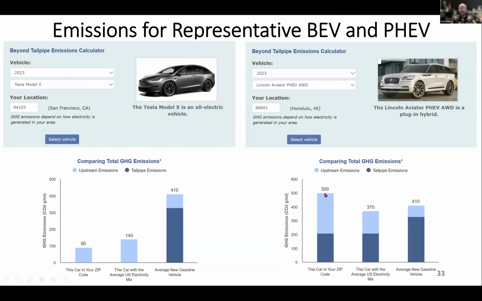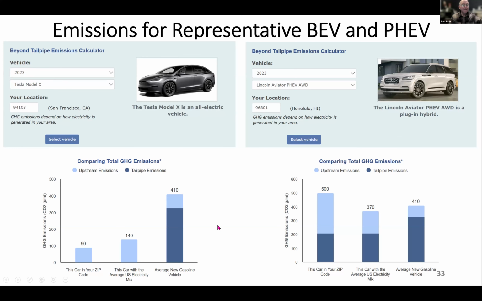Here, the total emissions for this vehicle are actually more than the average new vehicle. But even in the best case, this is still significant. And that's the US average, 140 to 410. That's more than a third.